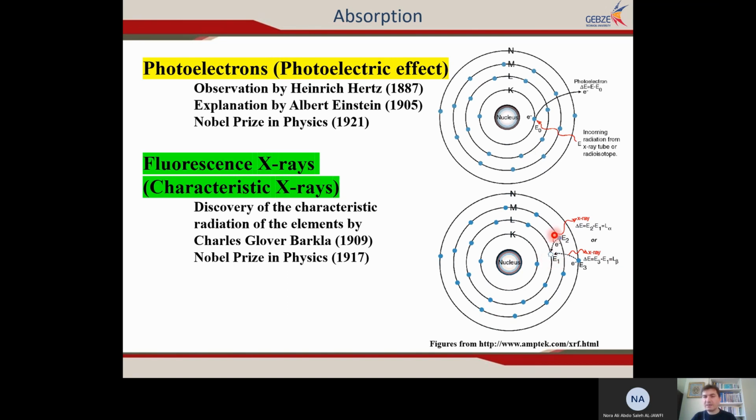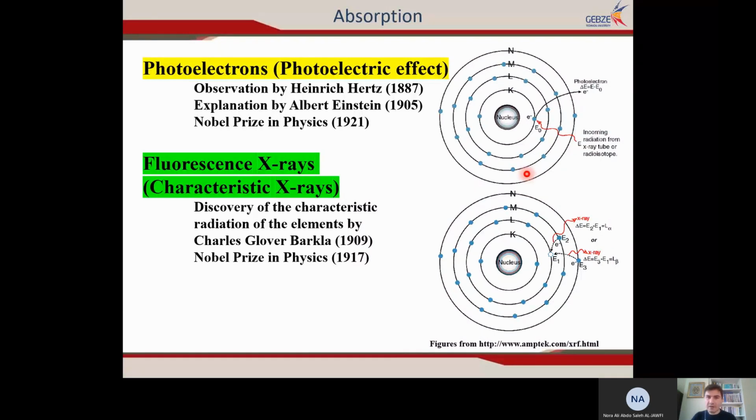And then from outer shells one electron drops here, and here we have delta E, the energy difference between these two shells. So this delta E is converted to produce an X-ray. So this is fluorescence X-ray. This also has many applications and is very important also for industrial applications. And we will also see some scientific applications.